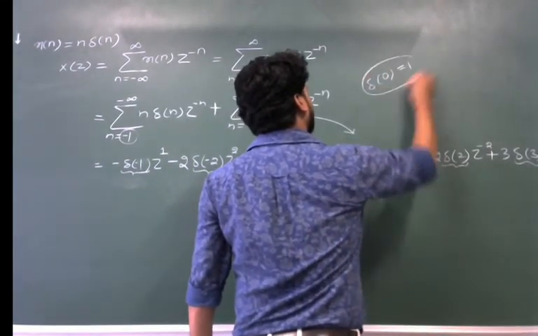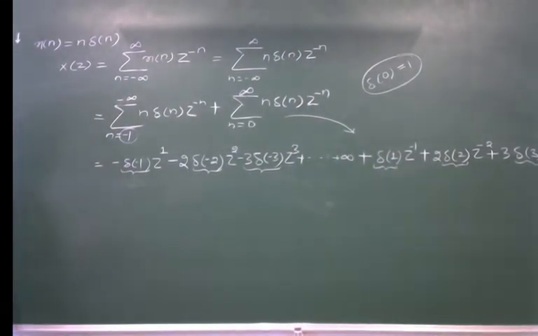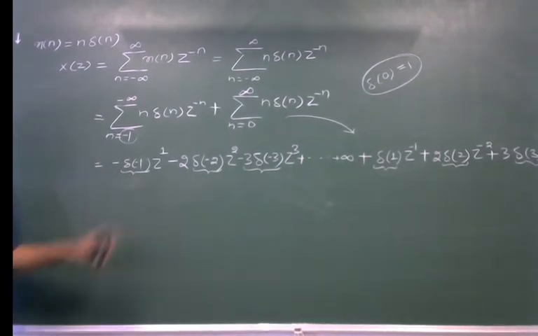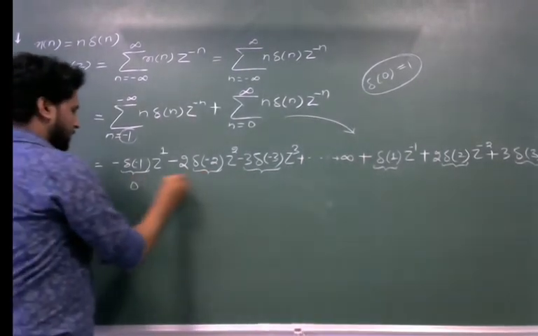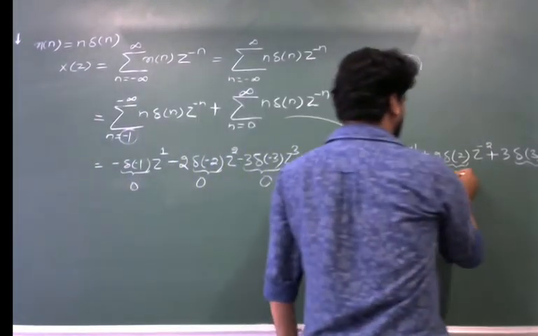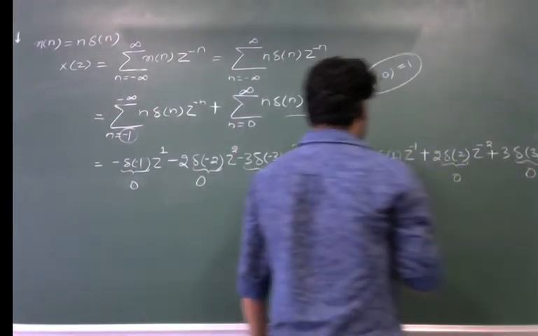Delta 0 will be 1. For all the other values of n, this delta function will become 0. It means that this will become 0, this will become 0, this will become 0. Similarly, all the values, because delta is involved here, will become 0.